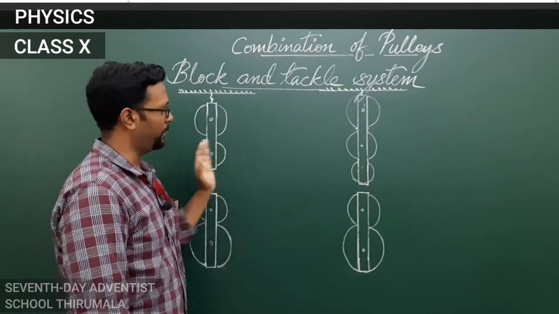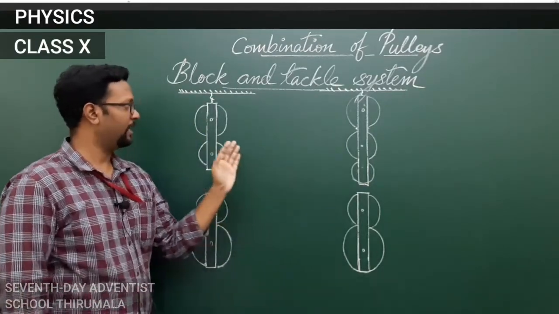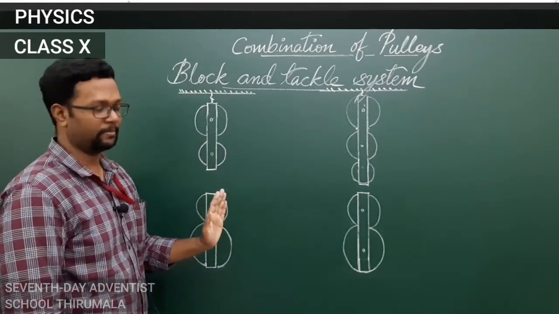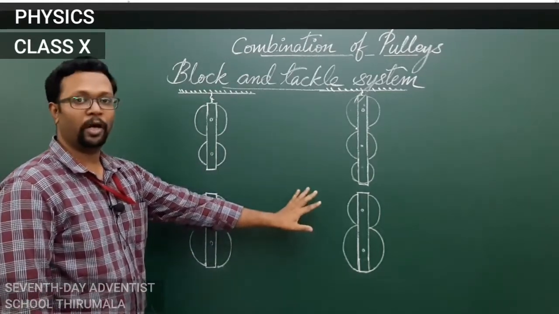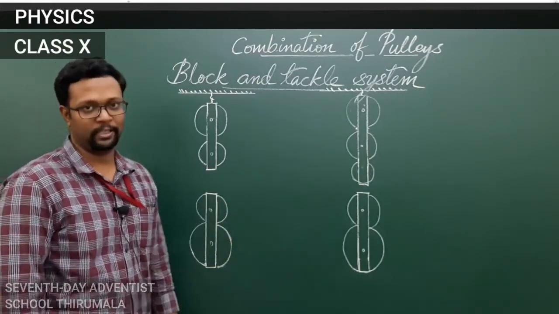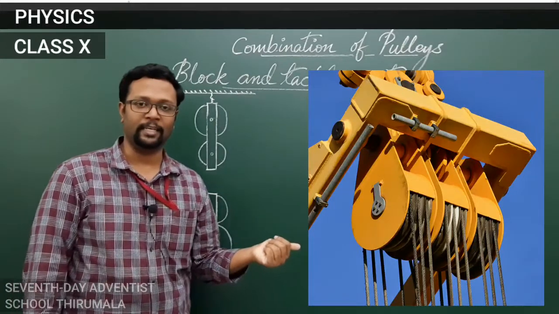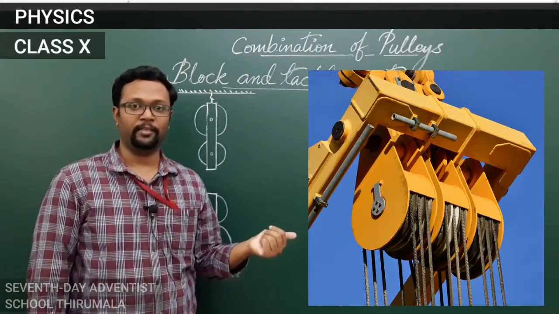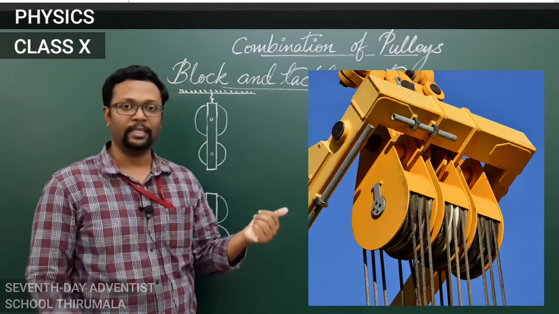I have drawn two pictures. Here you can see a block and tackle system. Before I explain this, I will show you how a real block and tackle pulley looks. Here you can see some pictures. The first picture is that of a block containing 9 pulleys. You can see 9 drops coming in 3 sets.